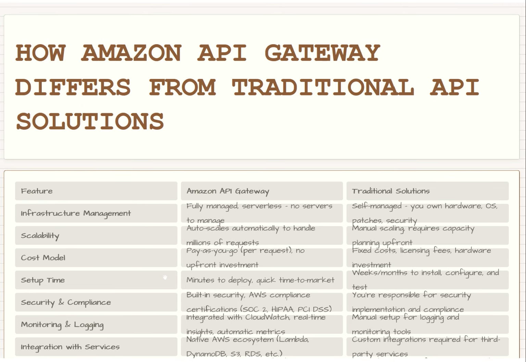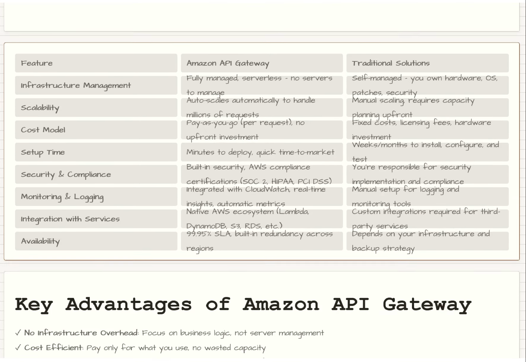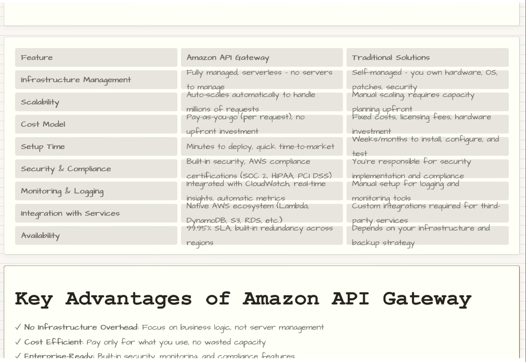All right. So let's look into how API Gateway differs from traditional API solutions, like monolithic solutions. We have a sort of comparison we always do in our videos. Infrastructure management: API Gateway is a fully managed serverless environment.